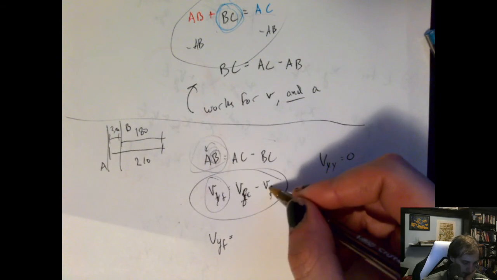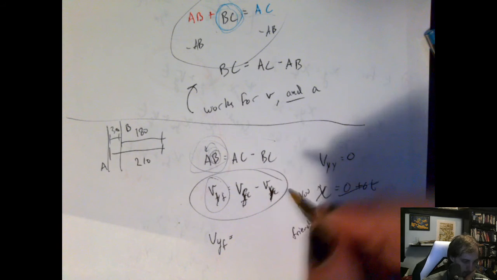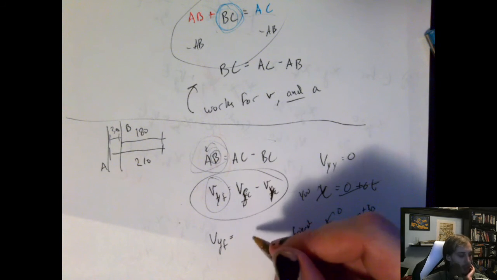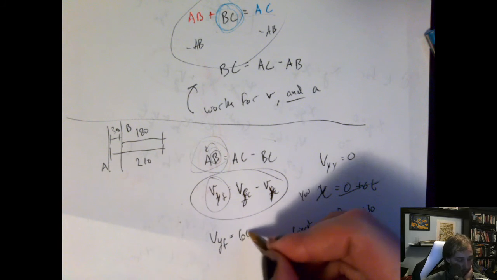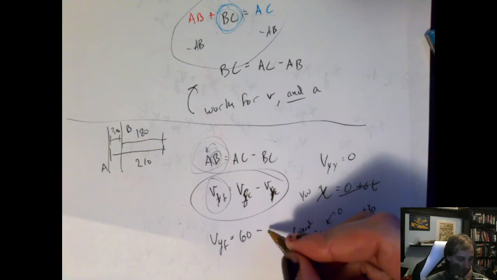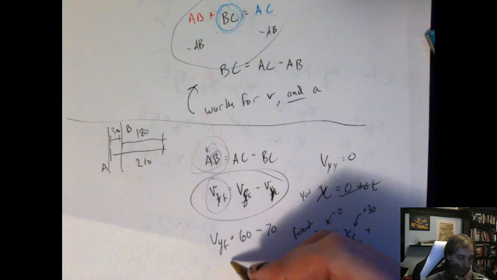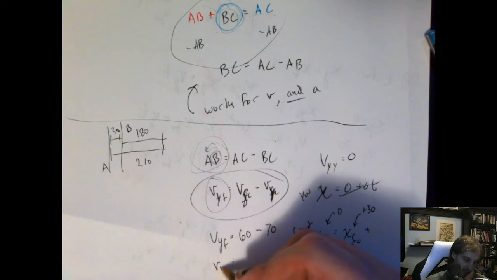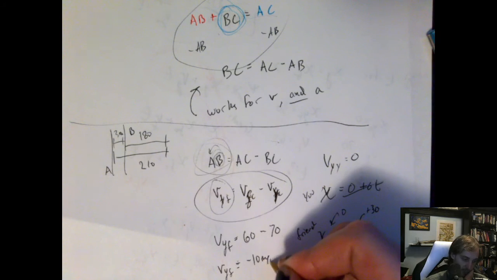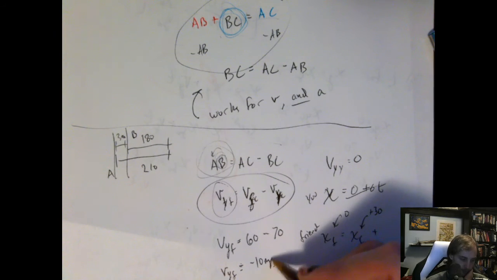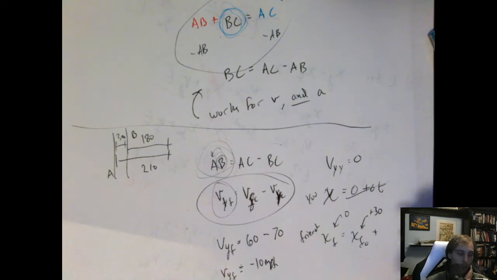Sorry about that. So the velocity of your friend is that 60, the velocity of you is that 70. And so when you subtract them, you see your friend as going at negative 10 meters per second, or miles per hour, which we can plug in over here.